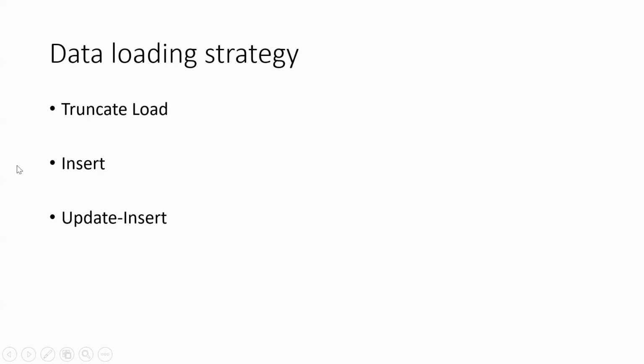Okay, so what is the insert method? The insert method will insert the new records. It will only push the new records available at the target side. Suppose I have received 200 new records, so I'll push all those 200 new records to the target.